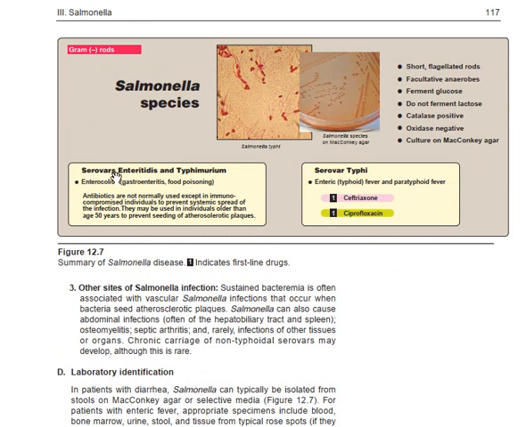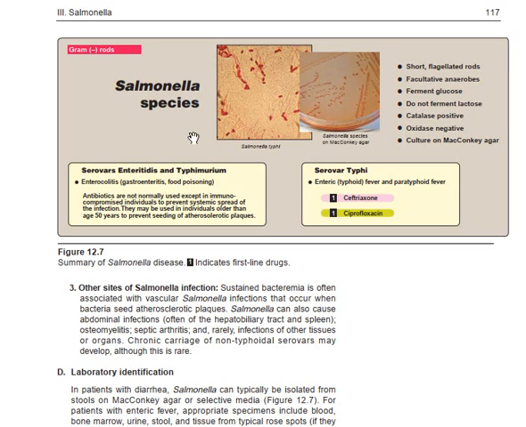Now the serovars. Salmonella has two main serovar groups: the Enteritidis variant and the Typhimurium variant, which cause enterocolitis and gastroenteritis, and we also have the serovar Typhi. So these are the different serovariants of Salmonella.